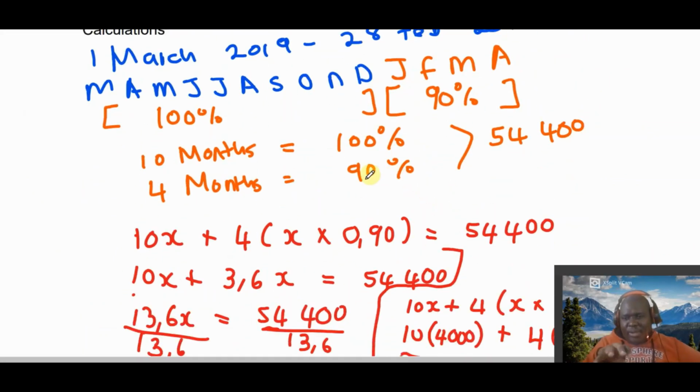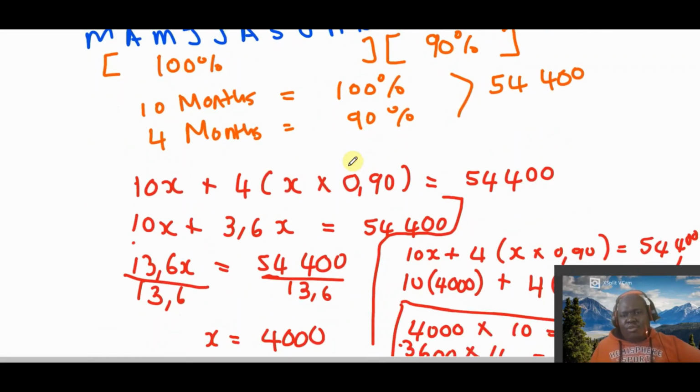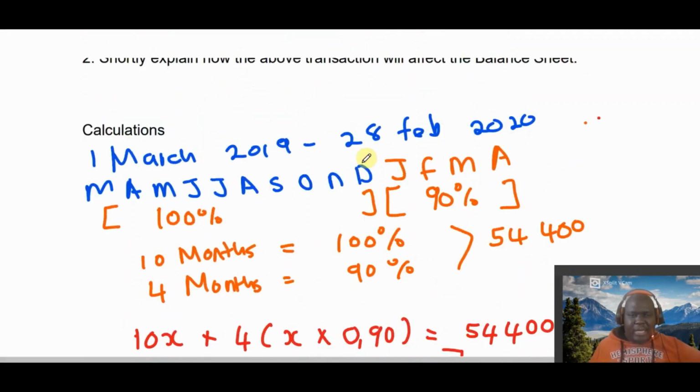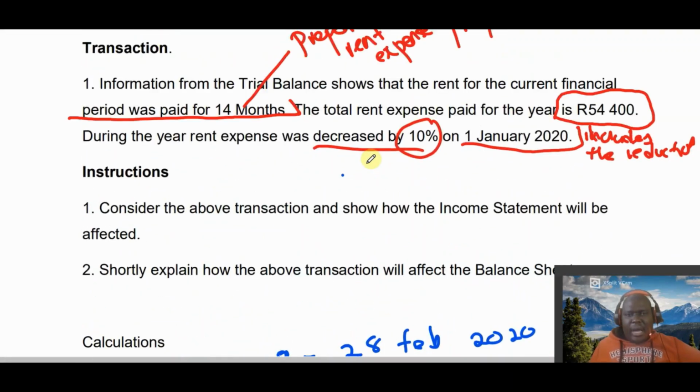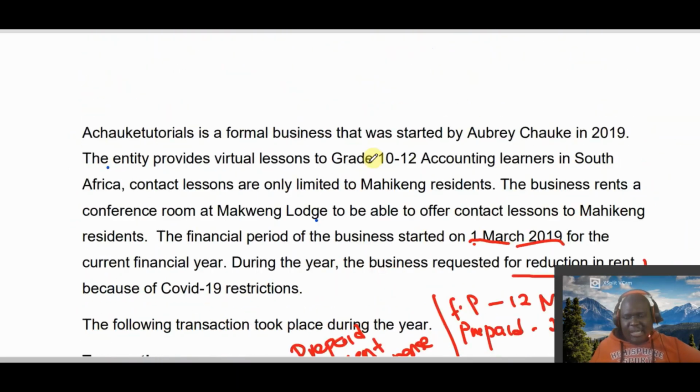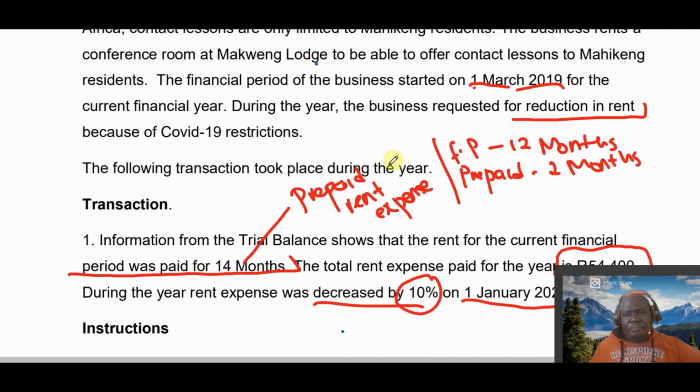If you go through all these notes that I've written here, you'll be able to understand what I was saying. I was analyzing the information that I was given, and then from there I was able to know how I was expected to act. So this is how you deal with a rent transaction that has got a reduction.